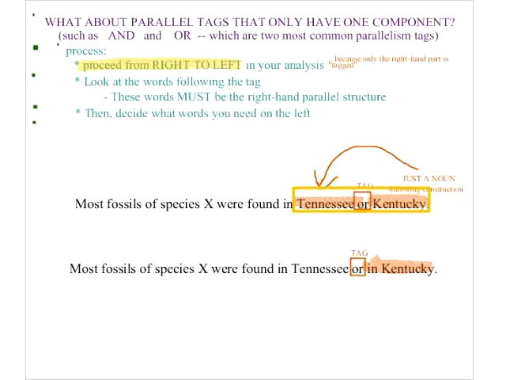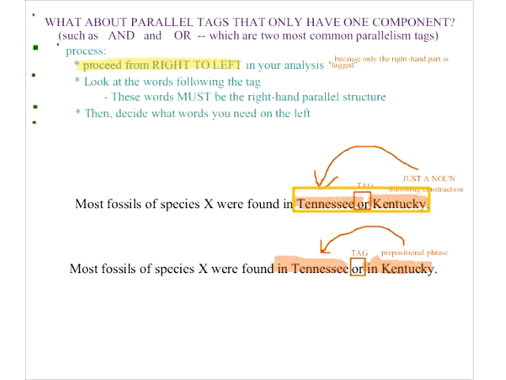So in this case, this is a prepositional phrase. So you need to find something else parallel to that over here. Which words on the left are parallel to that? Go ahead and indicate in the text box. Yeah, so the words that we need over here are in Tennessee. So then we have in Kentucky, in Tennessee.